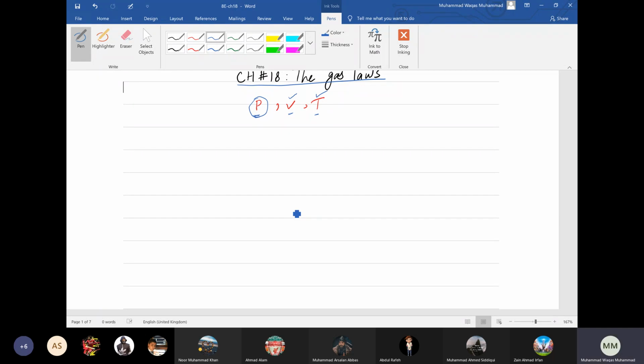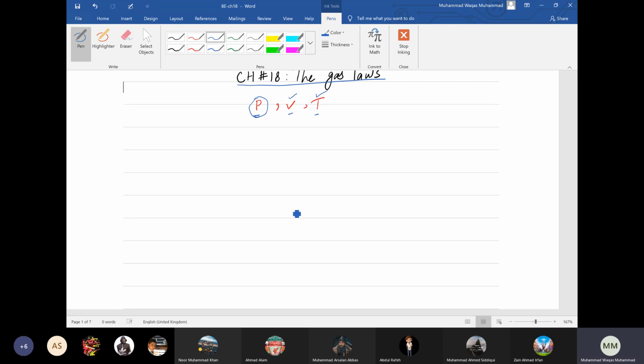Now, how do gases exert pressure, or pressure of gas? Like we discussed in the kinetic theory of gas, the molecules of the gas are in continuous random motion.